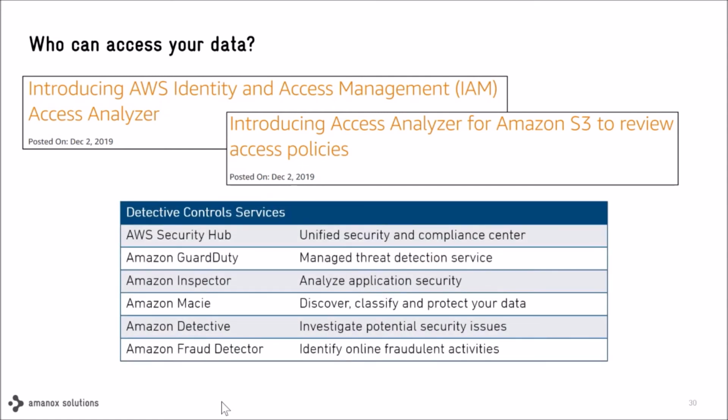And of course, you have the different detective control services, some of which we already saw in the previous slides. All these services are here to support you and help you answer the question, who can access my data?